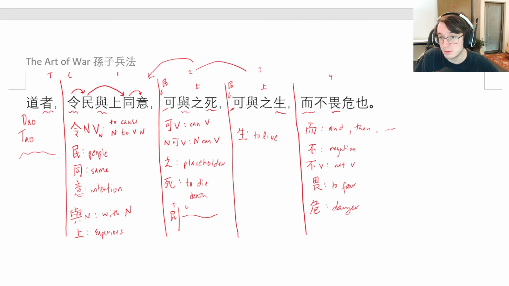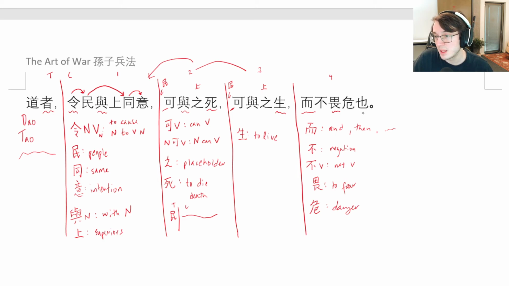They can, with their leader, die. They can, with their leader, live, and not fear danger. Okay, that's the whole thing coming together as to how Sun Tzu views the 畏 as being instrumental to understanding the way that a conflict is going to come out at the end.